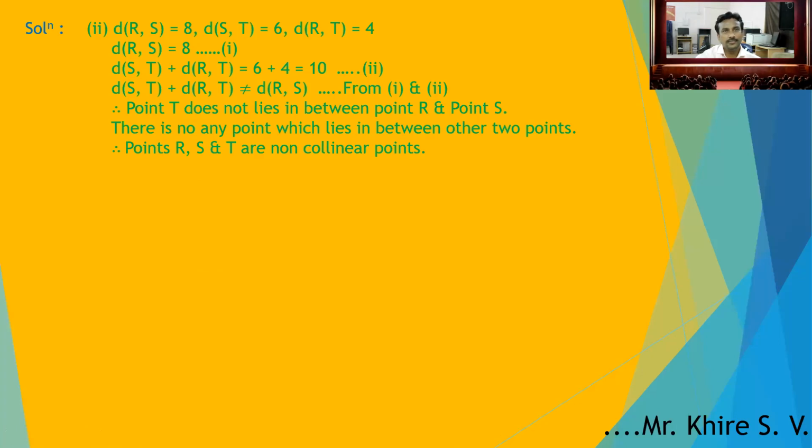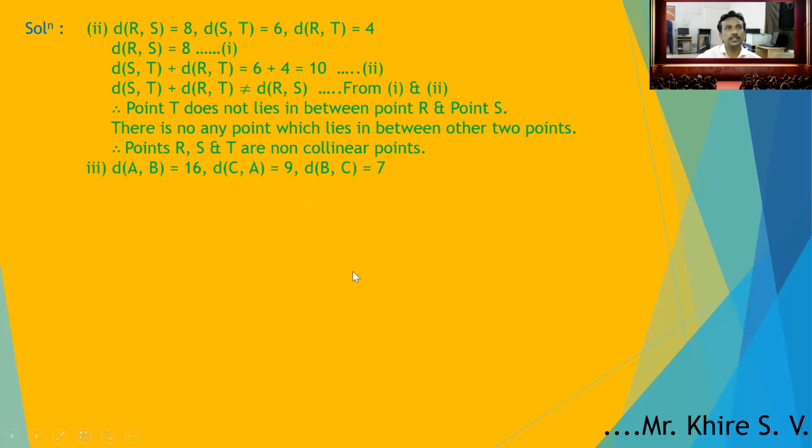The points which lie in the same single line are collinear points. But here points R, S and T are non-collinear points because LHS is not equal to RHS.